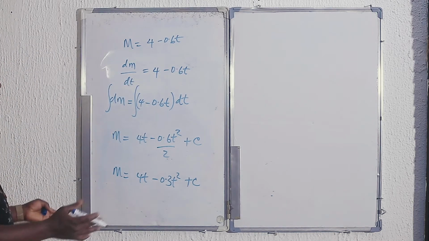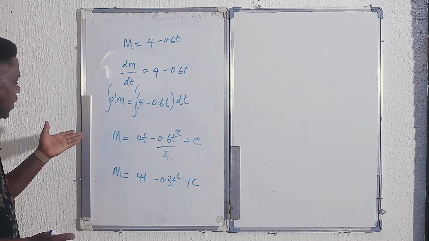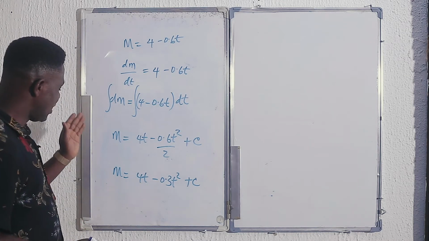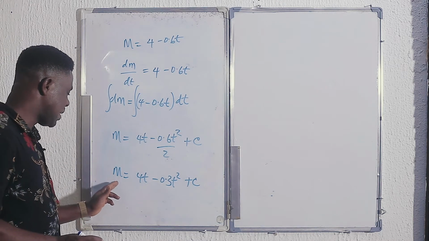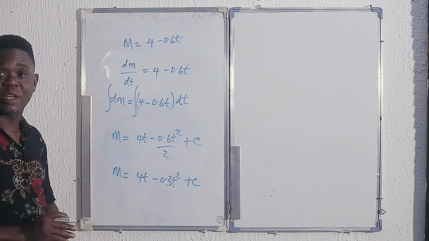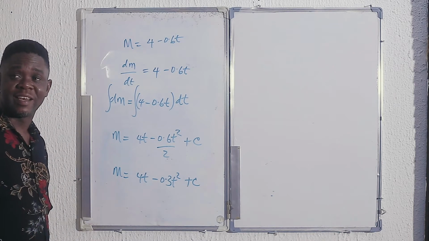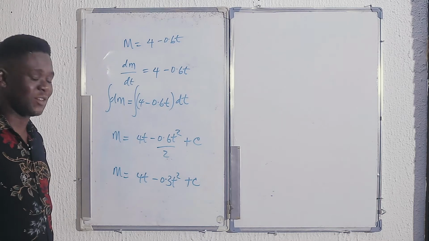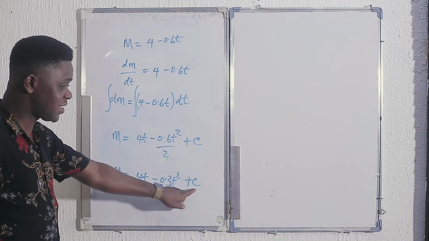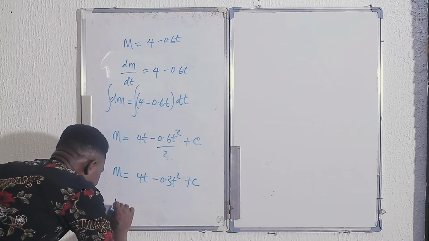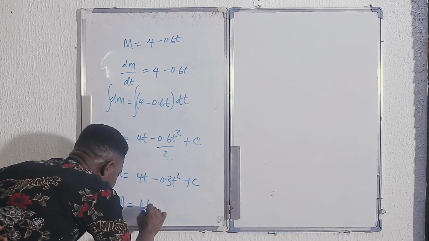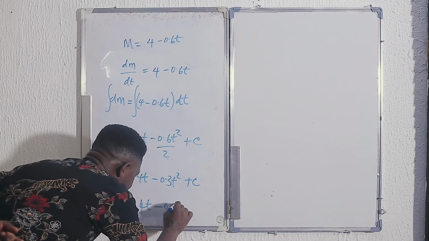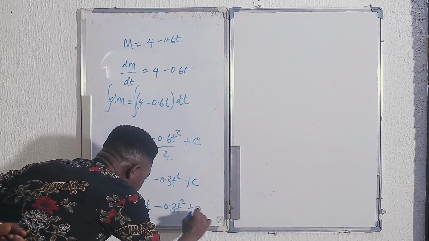This gives you the functional relationship between mass and time. But remember, we were told that there was an initial deposit of ice of 2 grams. So that means this c is going to be 2. So m is going to be 4t minus 0.3t squared plus 2.